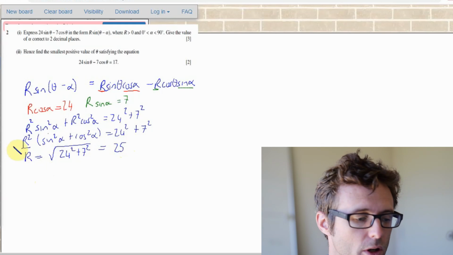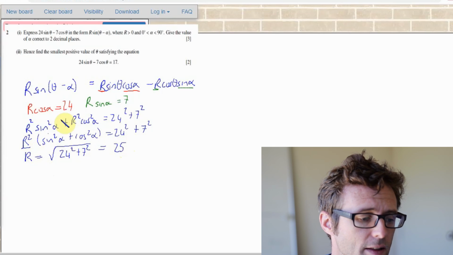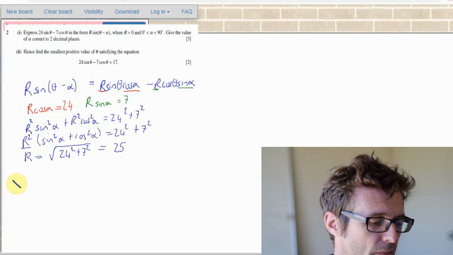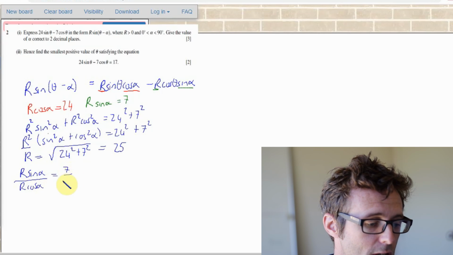And now we're going to work out what alpha is equal to. So we're going to take the red and green equations here, and we're going to pop the green over the top of the red. So r sine alpha over r cosine alpha is equal to 7 over 25.